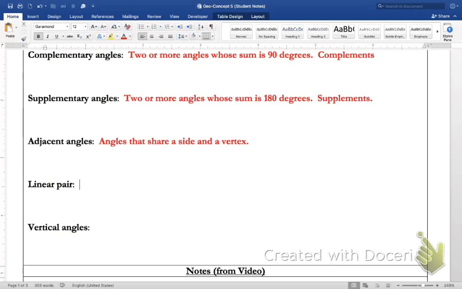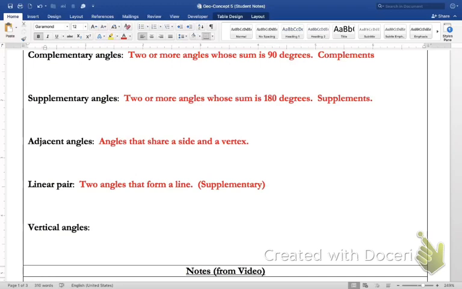Now, a linear pair. Well, linear means line, and pair means two. Putting those two items together, a linear pair is defined as two angles that form a line. We can say then that a linear pair really are basically supplementary angles.